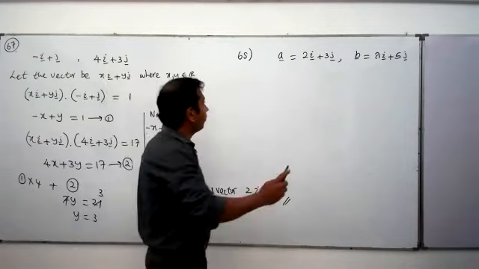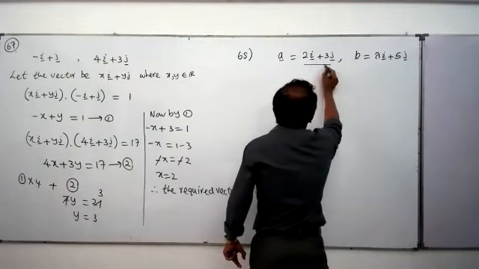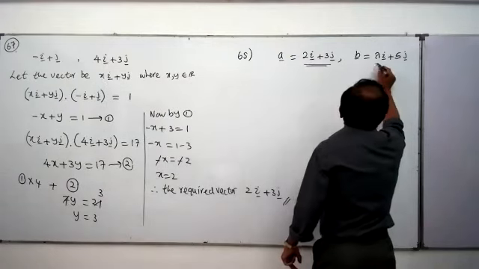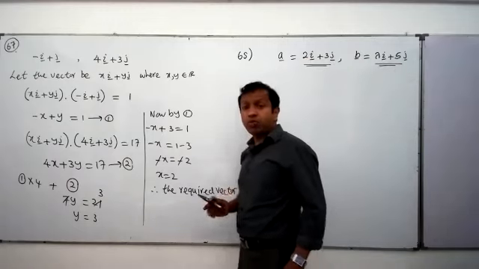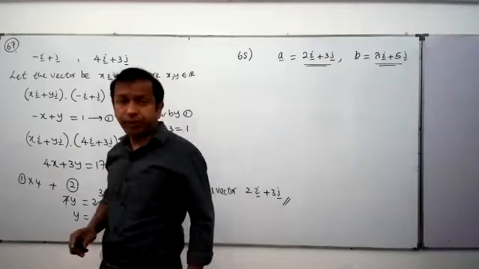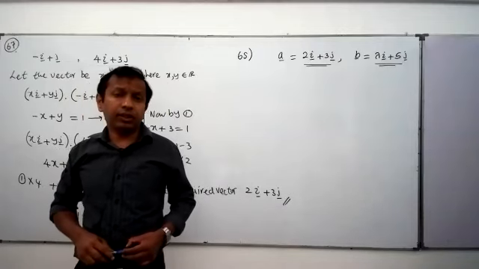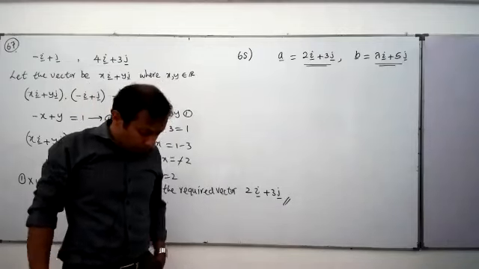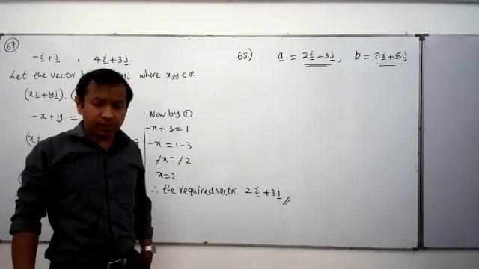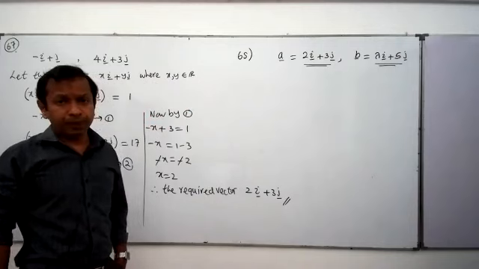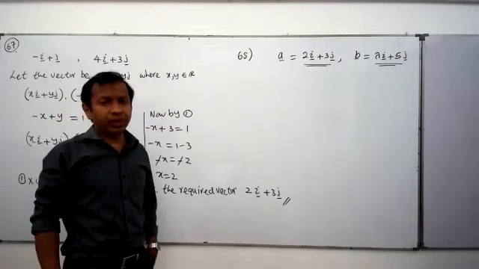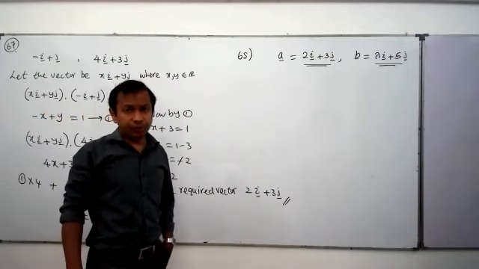This vector A is given this way, people. Vector B is given this way. Now this A vector and B vector should be perpendicular to each other. You know, people, we learned among the properties of the vector dot product, when two vectors are perpendicular to each other, the dot product of the two vectors is 0.